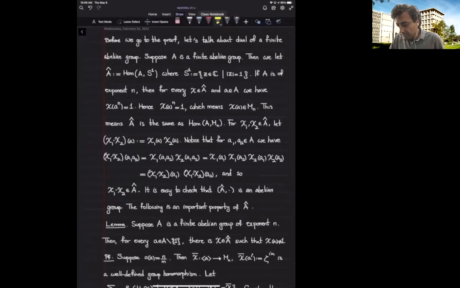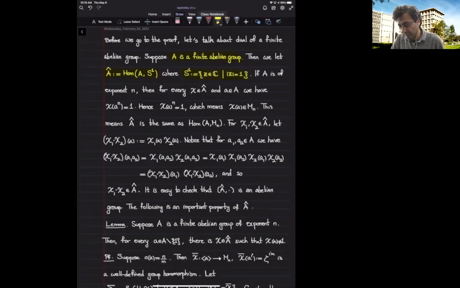So suppose A is a finite abelian group. The dual of A is the set of all group homomorphisms from A to S1. What is S1? The set of all complex numbers of unit length, so this is a circle of radius 1 centered at the origin.